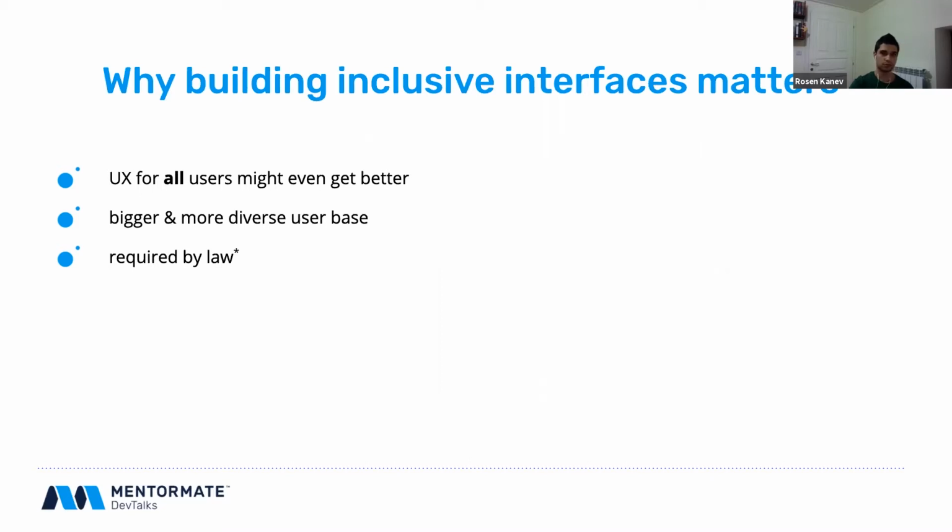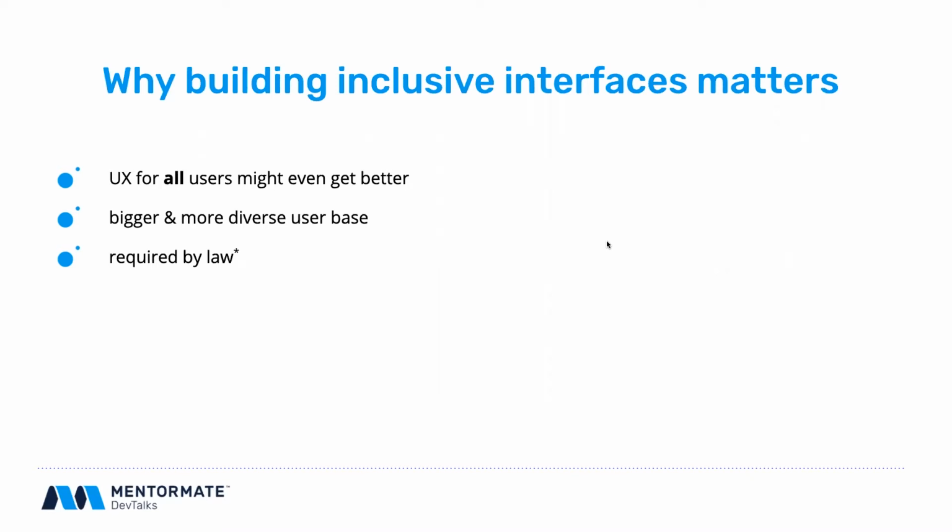And there's also that it's required by law, and there is an asterisk to that. If you're building a personal project, no one is going to go and sue you just because your landing page doesn't have ARIA attributes.